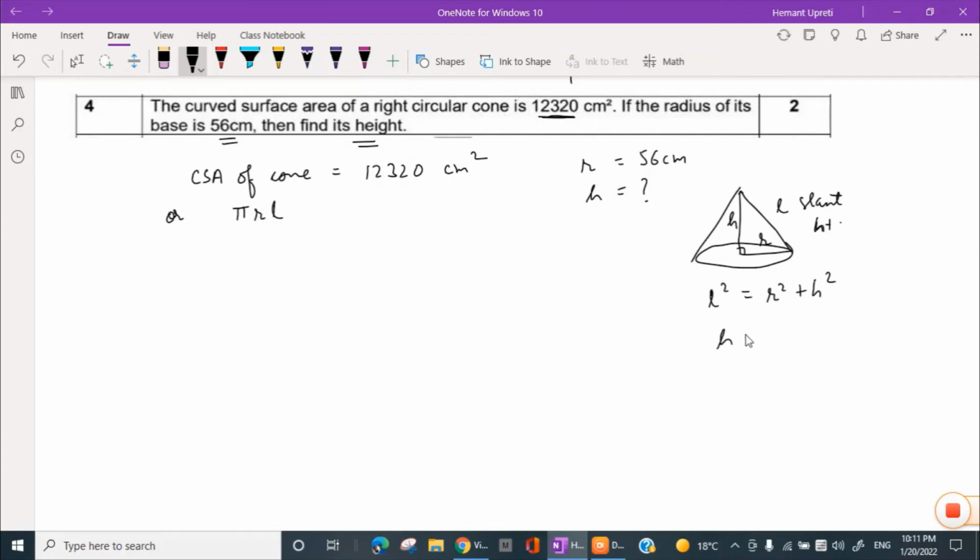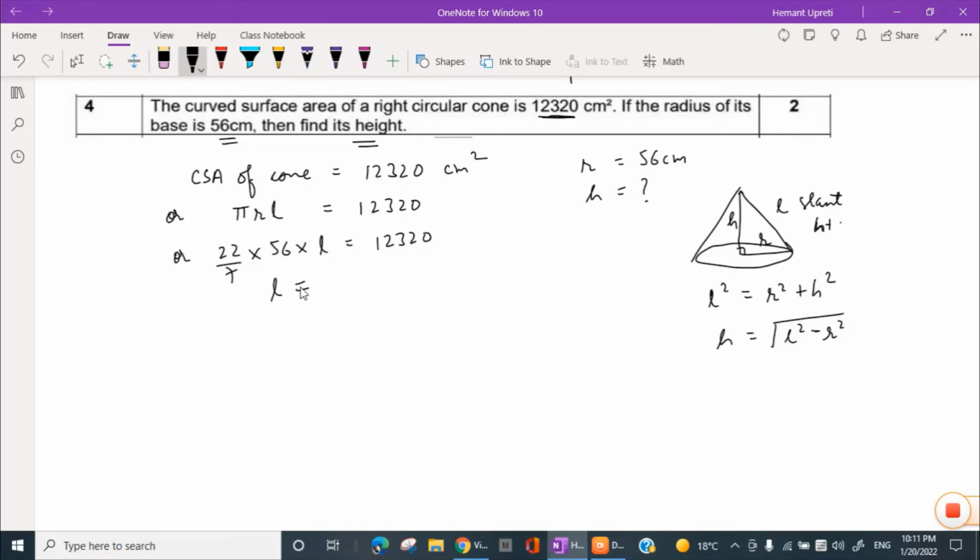From here you get H is equal to square root of L square minus R square. This is what you have to do. Pi R L is equal to 12,320. I know the value of R already. 56 into L. From this I am going to find out L here.